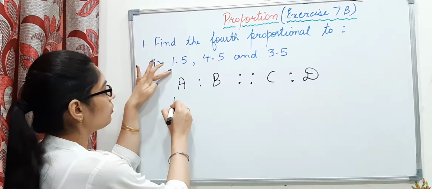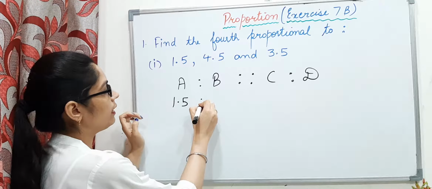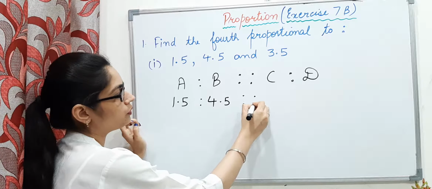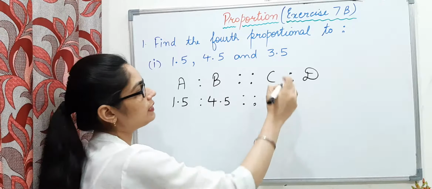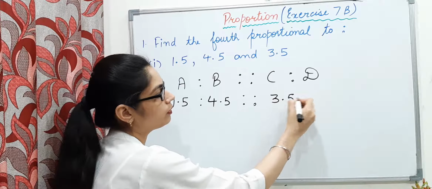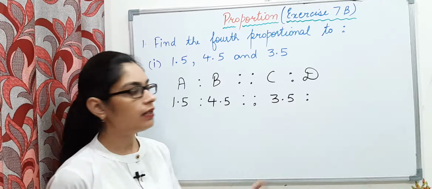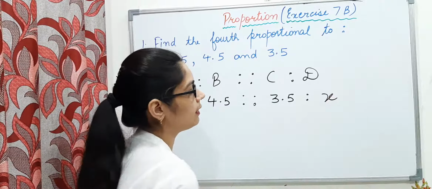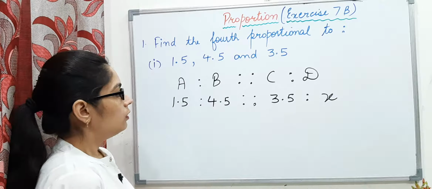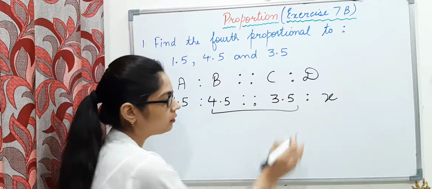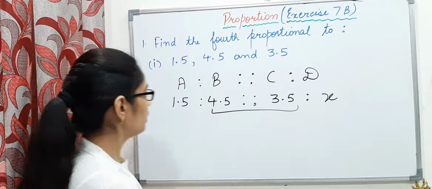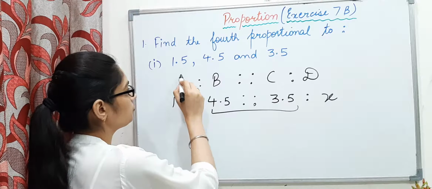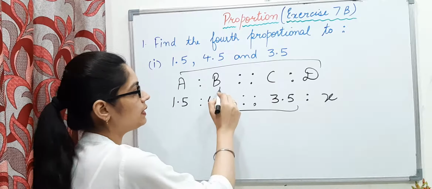So A is 1.5, is to B is 4.5, the sign of proportionality, then C is 3.5, and D, you can write it as D or if you want you can write it as X. So B and C are means, and 1.5 and X are extremes. A and D are extremes, B and C are means.